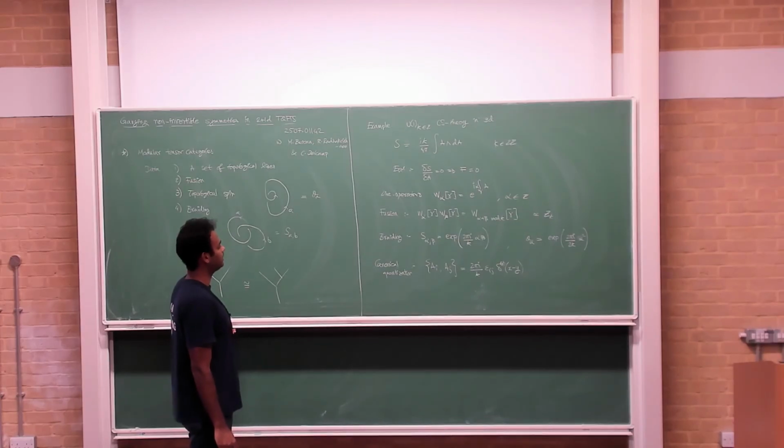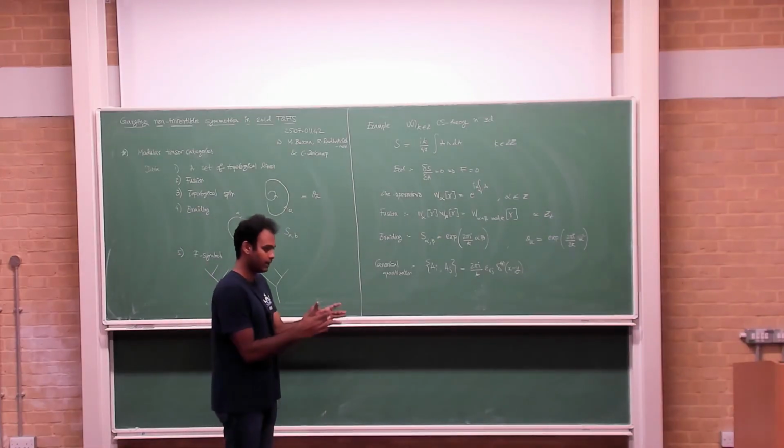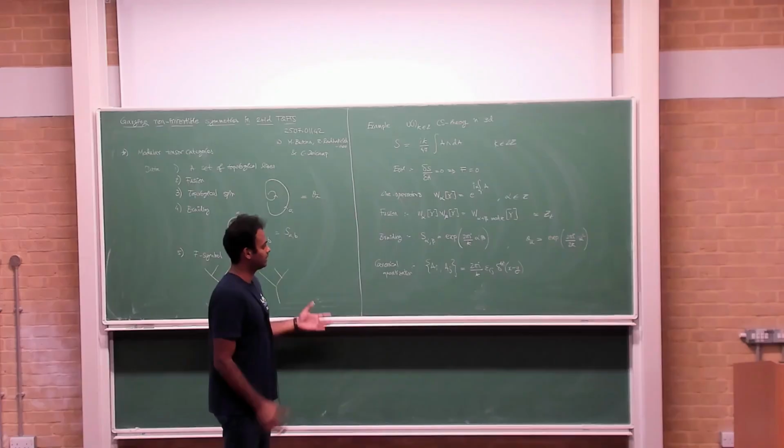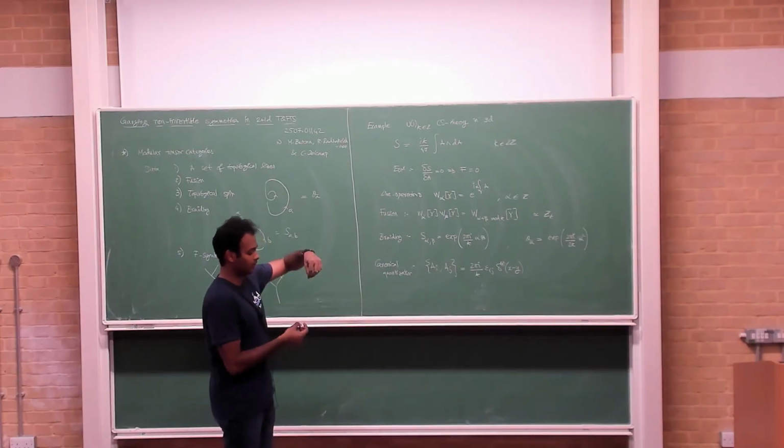And the idea is simple. A modular tensor category is the chiral data of an RCFT. And we know from Moore and Seiberg that all the primaries of the RCFT extend into bulk Wilson lines.